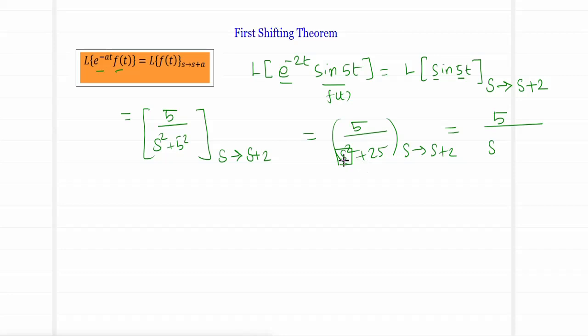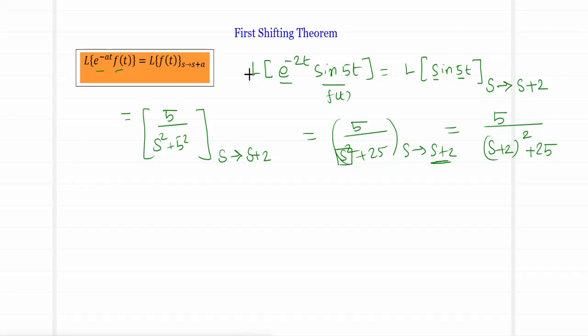So this s over here is replaced with s plus 2, the whole square plus 25. So, in general, whenever we have an exponential function, it always takes the upper hand, computing the Laplace of the leftover function and then pushing the s by s plus a units.